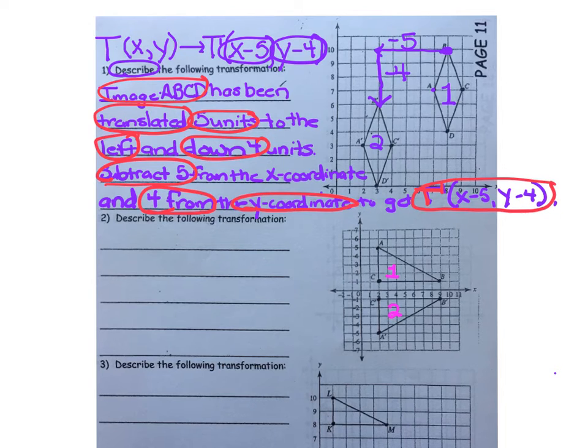So it's certainly not a slide or a translation, which leaves us with a reflection or a rotation. And clearly, if you look at how the image has been transformed, it has been flipped over the x-axis. So this is truly a reflection.